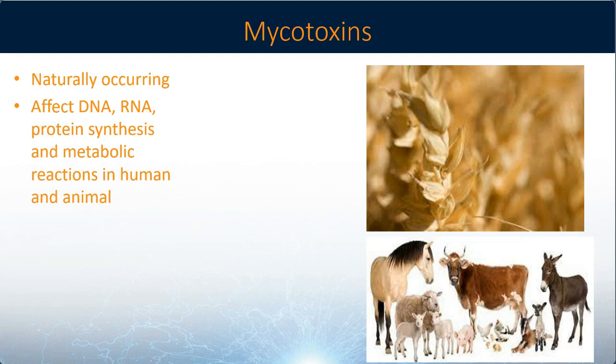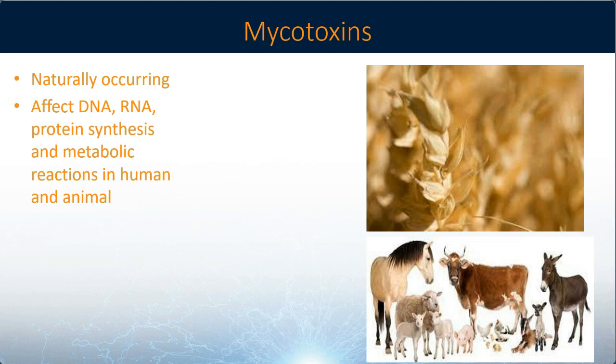So mycotoxins grow on this grain, and they thrive on the grain. And so these animals eat this animal feed, which is infected with the mycotoxins, and then the mycotoxins survive that transition and they wind up in the animals.